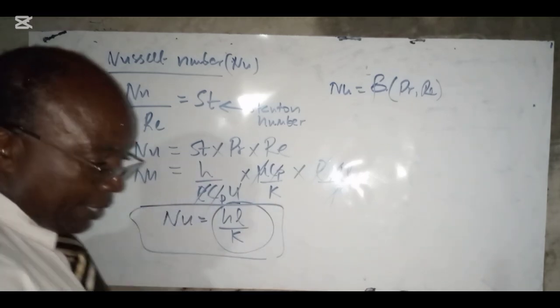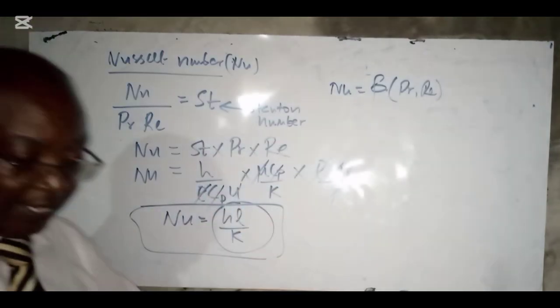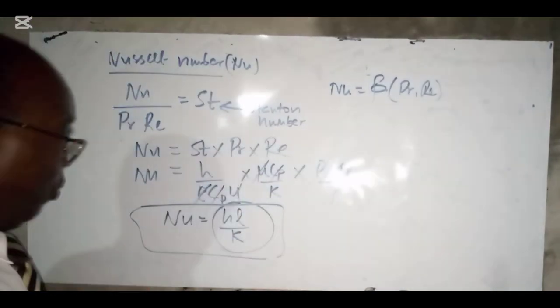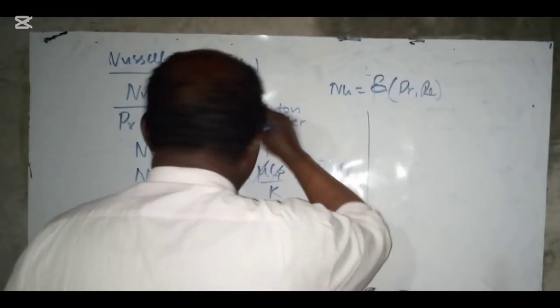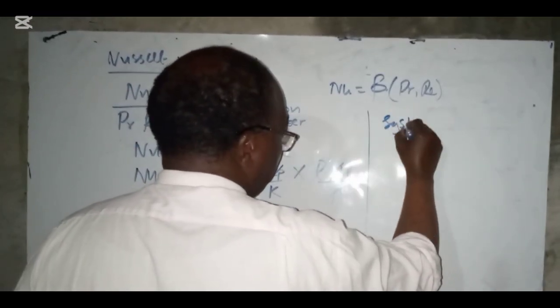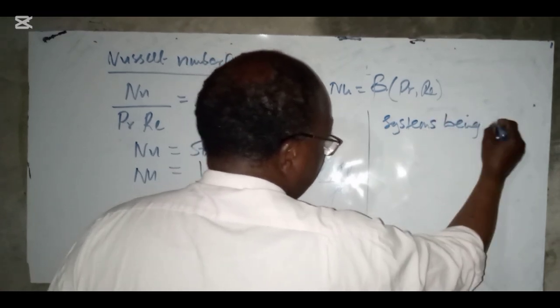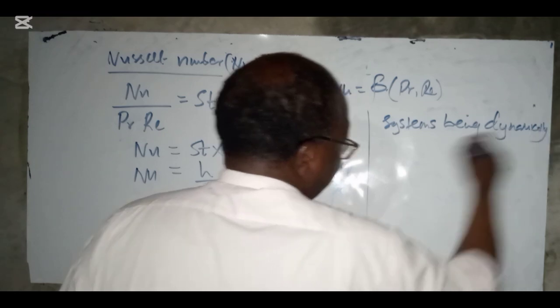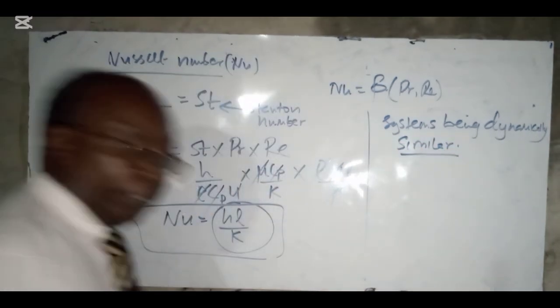So, if the Reynolds number, as you have specified in terms of those fields, are equivalent, then we are talking now of the systems being dynamically similar. Now, this is very important.